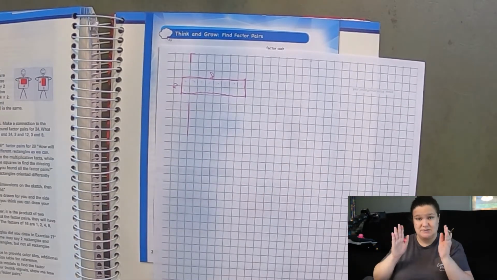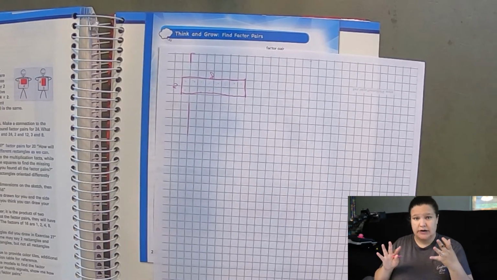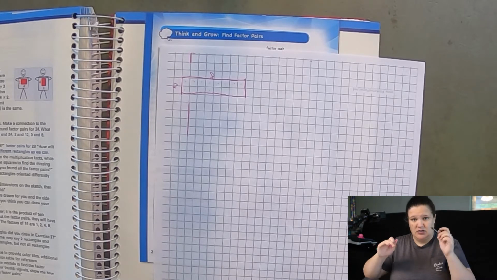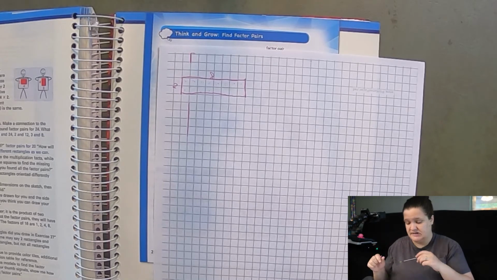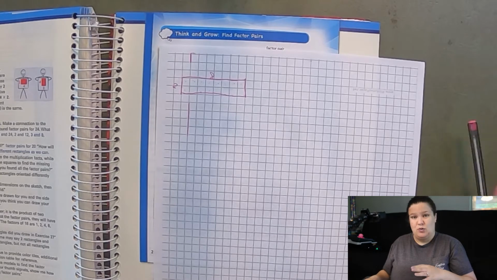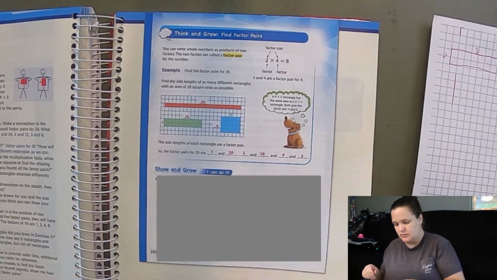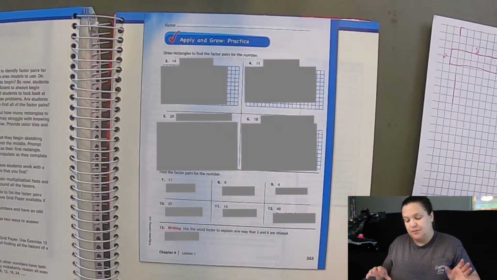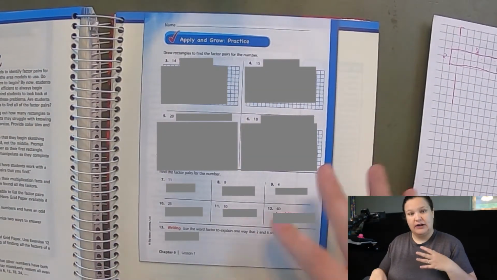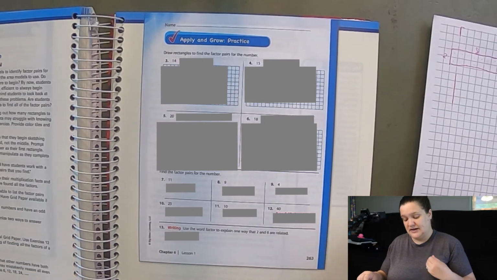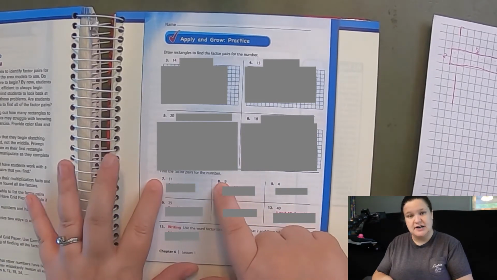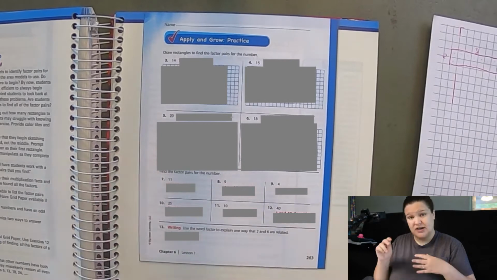Remember, you want it to be a rectangle or a square, so at least 2 of the sides are the same. We don't want any wonky shapes for our areas, because that won't give us the factor pairs we're looking for. So you're going to be drawing rectangles to help you find factor pairs for the numbers given.